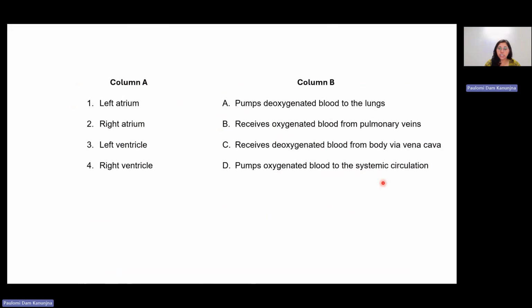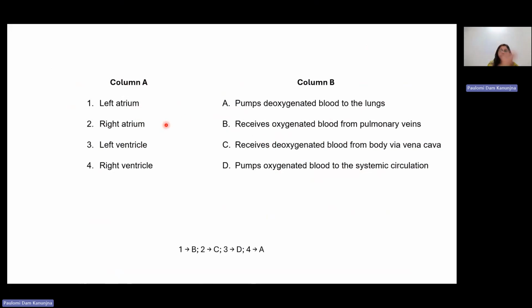So these are the 4 regions of the heart that we have already discussed. So it's basically a recap for you. Right. So we already know the left atrium. The cue for you to do it very quickly is just to remember which one is oxygenated. Your left is for oxygenated and your right is for deoxygenated.